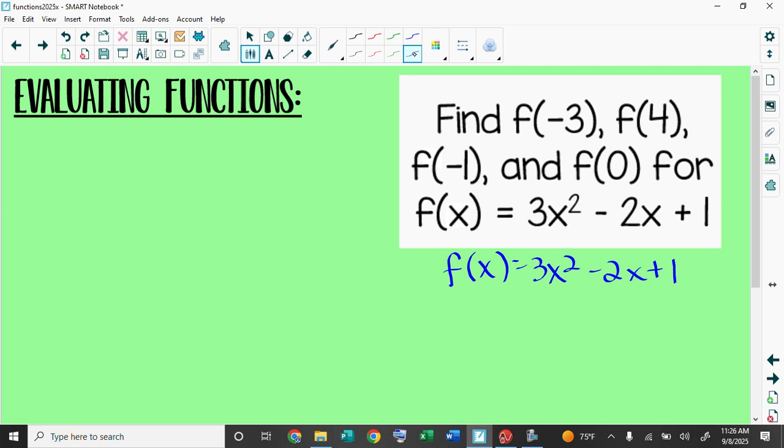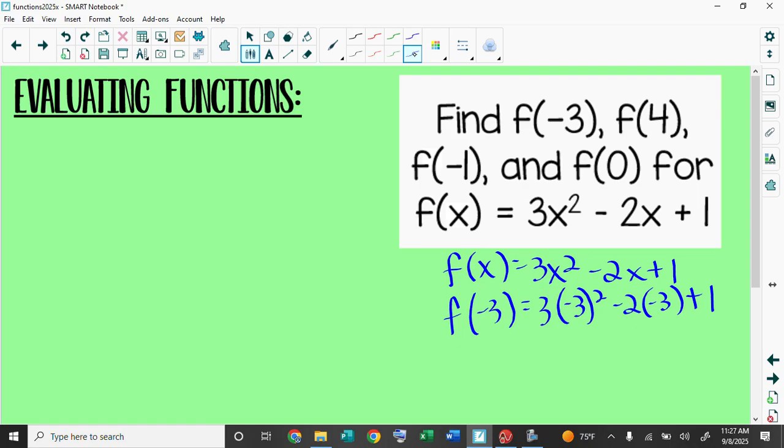If I want to find f of -3, that means every time I had an x, I would need to substitute the value of -3 in it. So then I have to do -3 squared times 3, and then -2 times -3, and then add all those up. But there's the calculator that we can use.